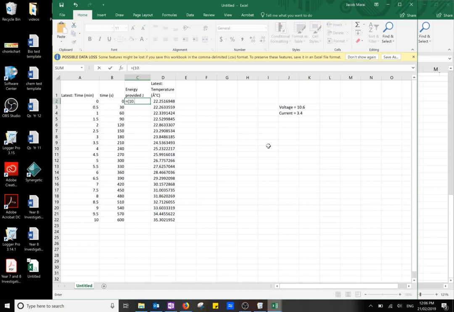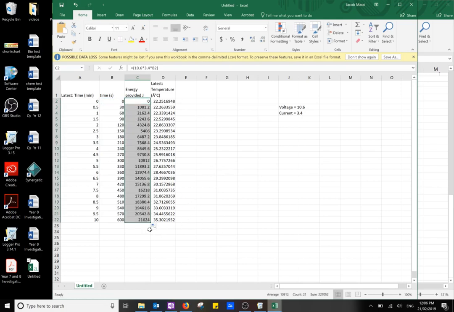So I'm going to go 10.6 times 3.4 times time, and I'm going to highlight my time column. So now we have the amount of energy that's being provided over the 10 minutes. So at the end, I've provided 21,600 joules.